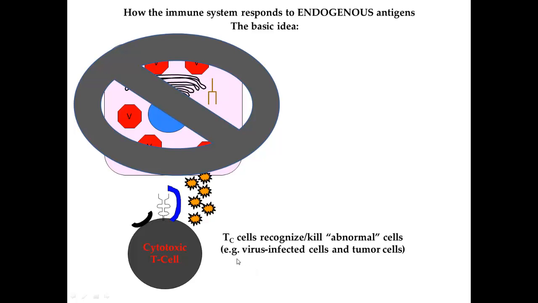So the basic idea is that cytotoxic T cells recognize and kill abnormal cells, like virally infected cells or tumor cells. What we want to do now is learn about how cytotoxic T cells are able to recognize cells that are abnormal.